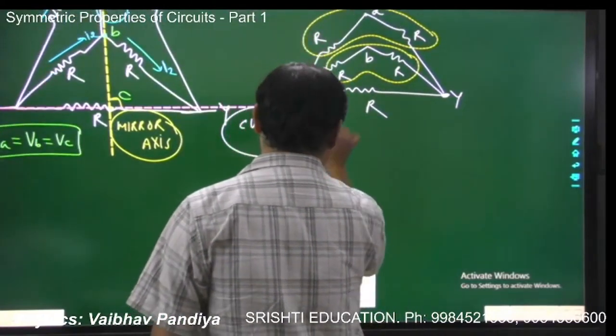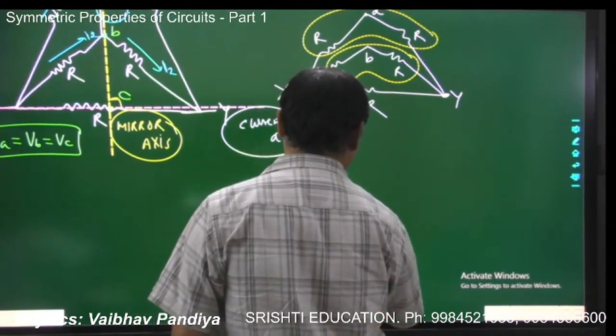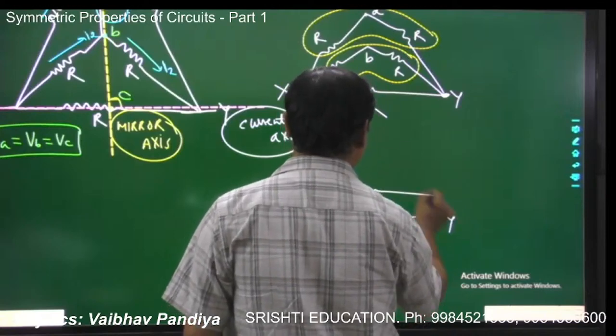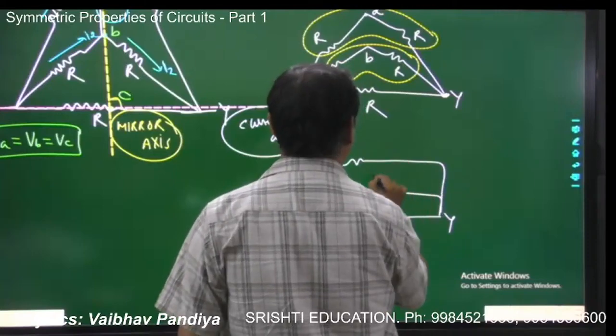So I can make an equivalent figure something like this. This will be R and R, R will be 2R, and again R, R will be 2R.